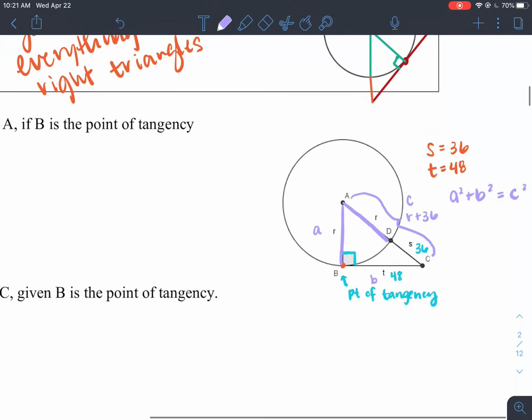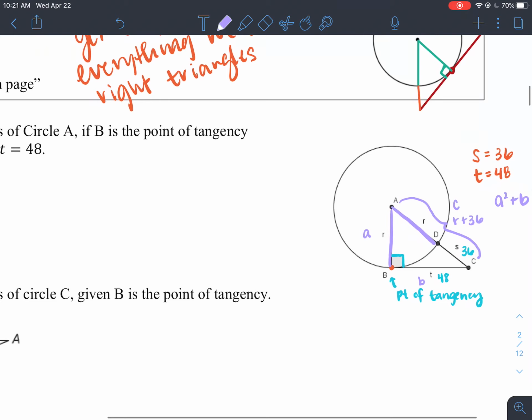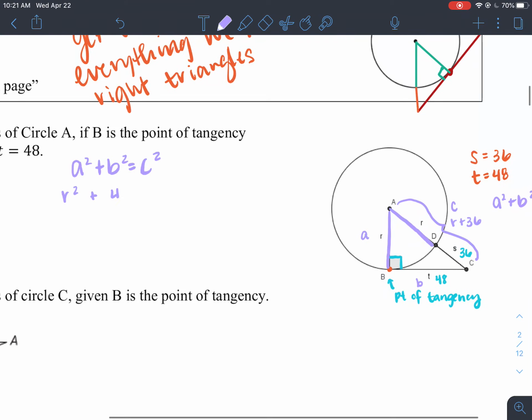So I'm going to go back over here where I have a little bit more room to work. I have my A squared plus B squared equals C squared. My A is R, so my radius, R squared, plus 48 squared equals parentheses R plus 36 squared. And we get to use those algebra skills that we've been talking about for the last couple days.